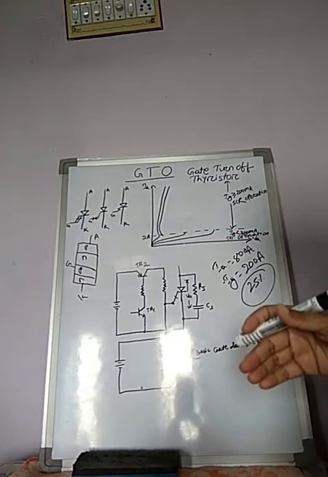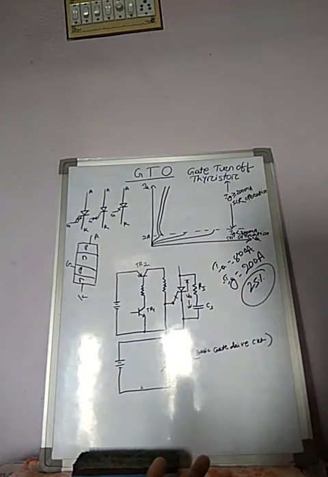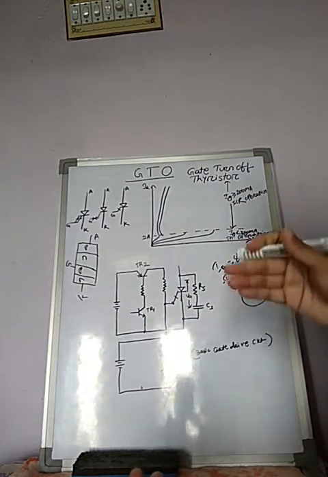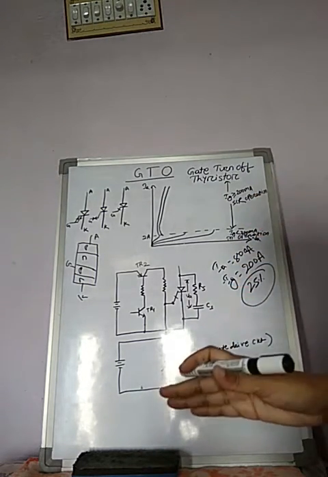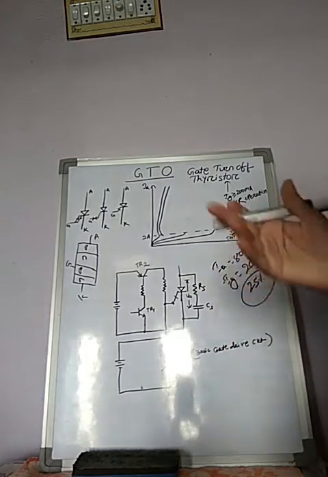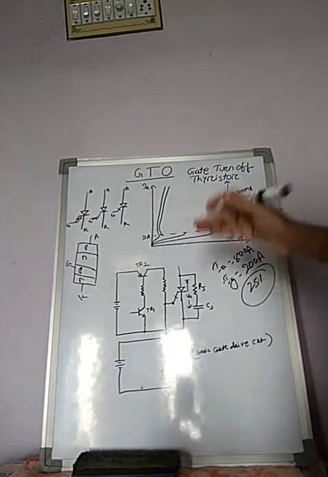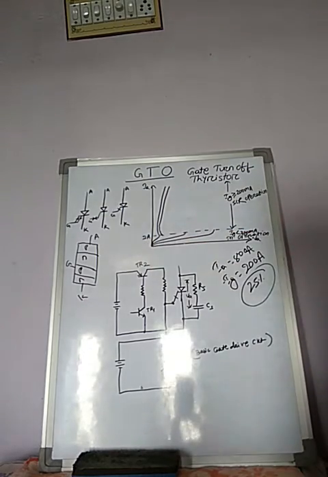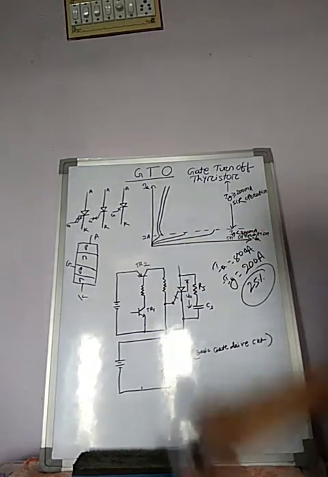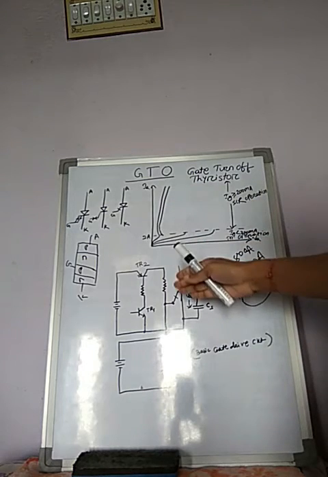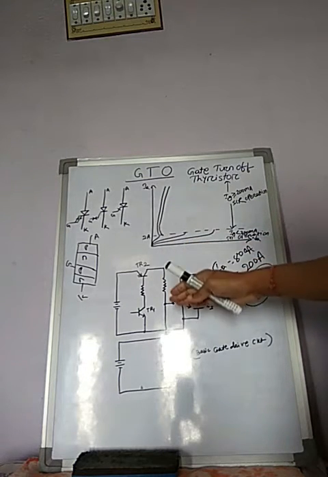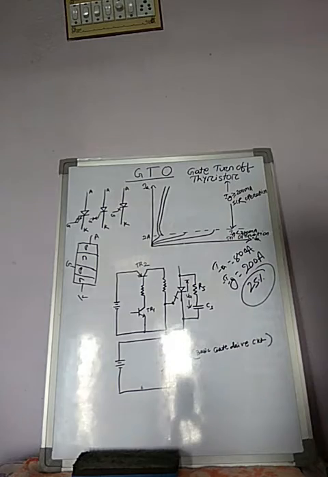So in normal SCRs the latching current level is in between 100 to 500 milliampere, but in case of GTO the latching current level is 2 ampere. Okay, so this 2 ampere is much greater than the latching level for a conventional thyristor.